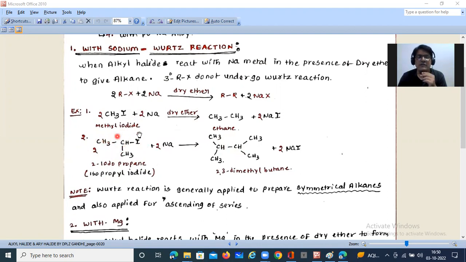Don't forget that. Then only the alkane is possible: CH3 CH CH3, this compound, written once more, CH3 CH CH CH3, like that 1, 2, 3, 4. The second carbon has one methyl, the third carbon has one methyl. So 2,3-dimethylbutane is obtained.